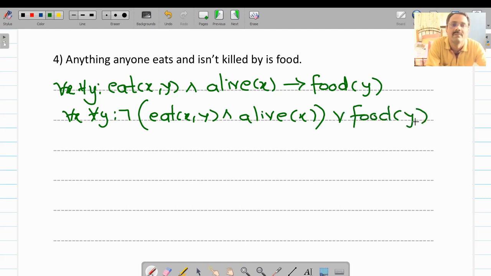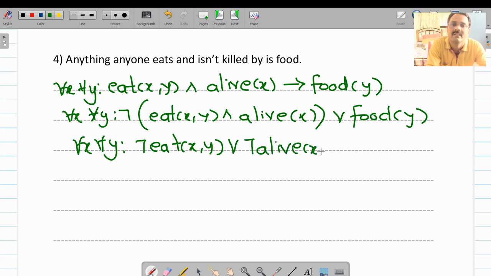So A implies B is equivalent to not A or B, that we have applied. Now De Morgan's law, reduce scope of not operator, so that will give you for all x, for all y, not eat xy, and will become or not alive x or food y. Right?